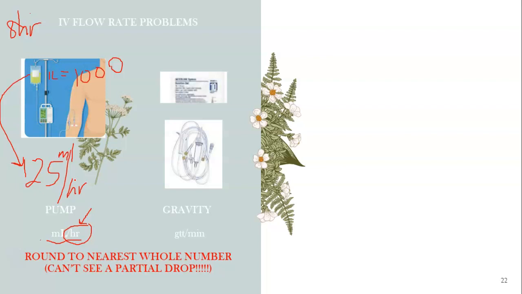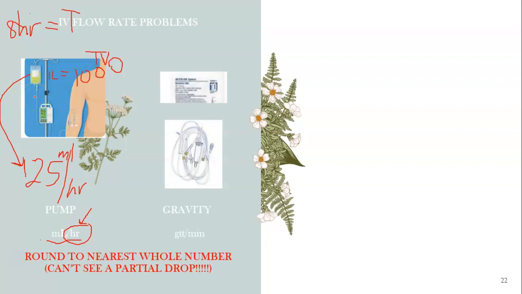So this would be considered total volume. This would be considered the time. And this is considered the flow rate, the rate at which I must drive, or how much per hour the pump needs to run to get this bag empty.